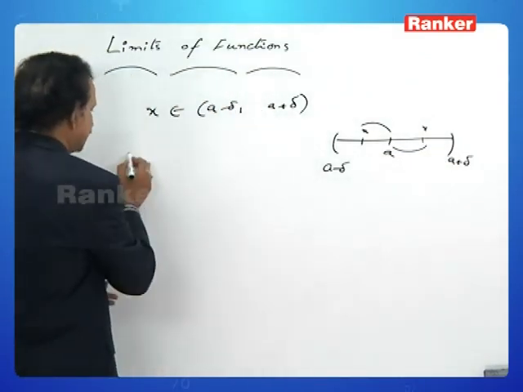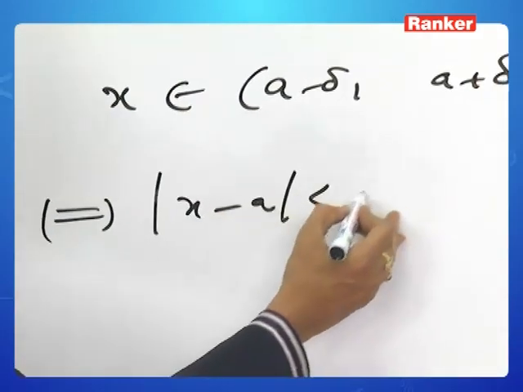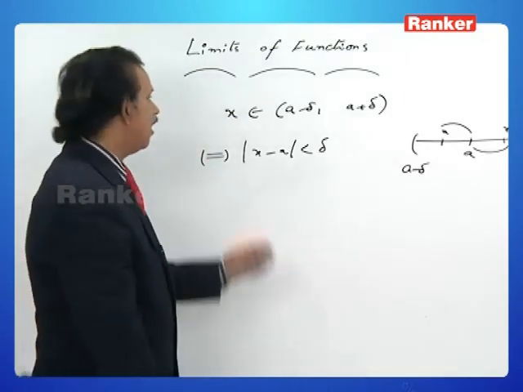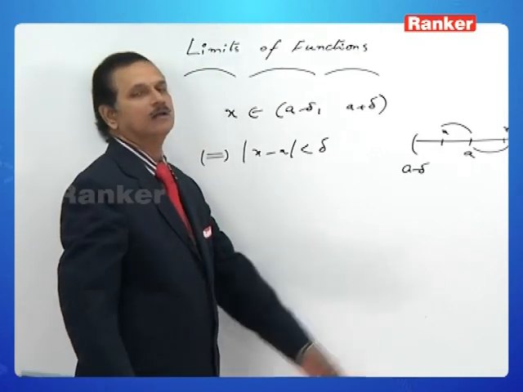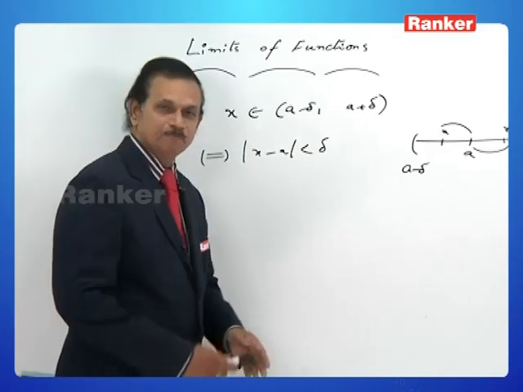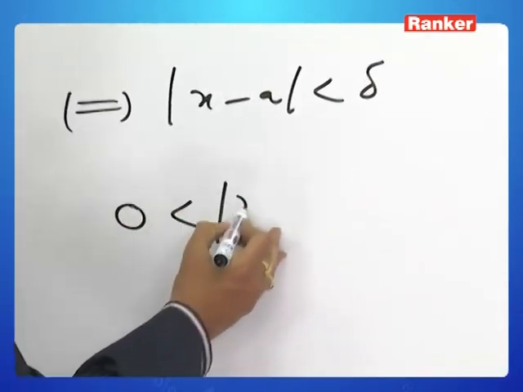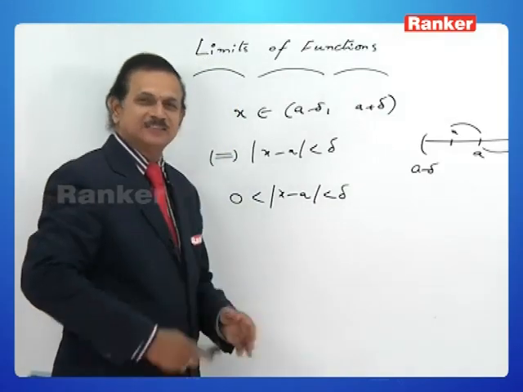Hence, these two statements are equivalent, to be noted. X belongs to a minus delta to a plus delta, or mod x minus a less than delta, are absolutely similar. These are one and the same. Suppose I say 0 less than mod x minus a less than delta, how can we express this idea?